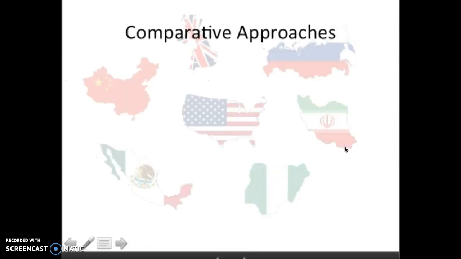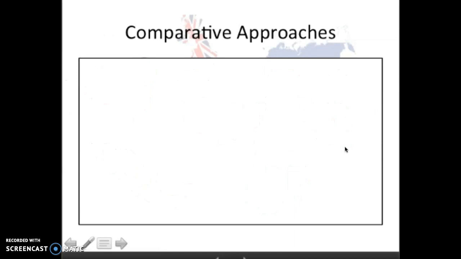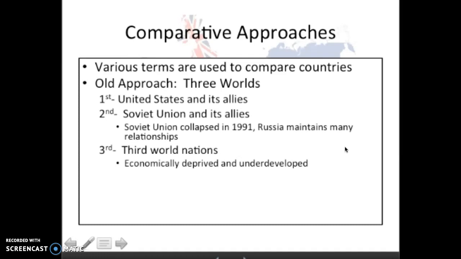Okay, comparative approaches. When we looked at comparative government, there was an old way of doing it. The old approach was to look at it through three worlds. The United States and its allies, so the United States and other Western democracies.